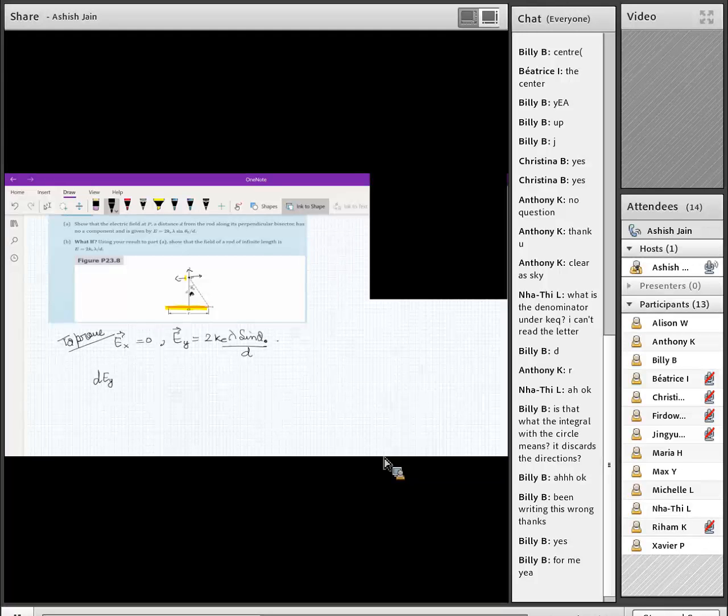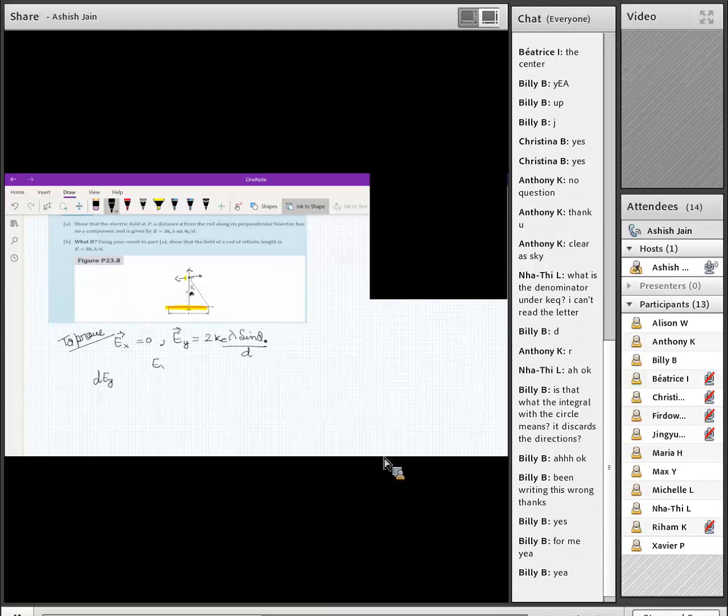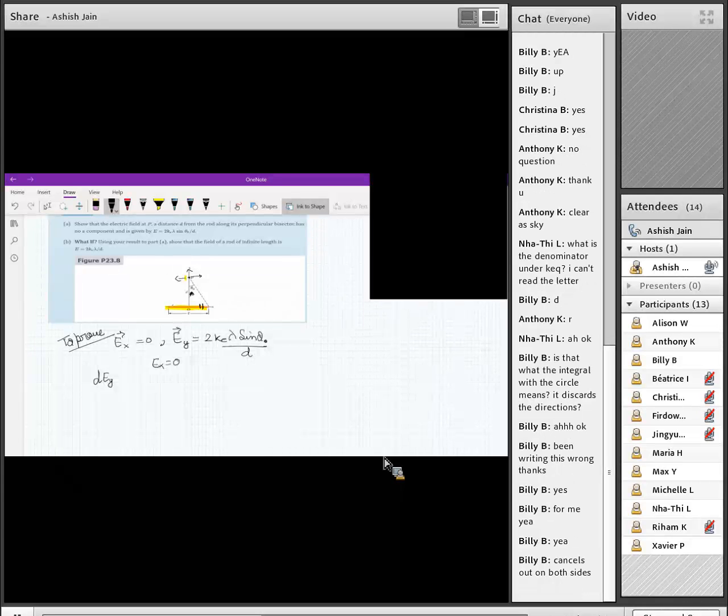We all agree, right, that Ex is 0. Ex is 0 because if you take the element here and the same element here, Ex cancels out on both sides, every situation, no matter where you consider a small element dx.